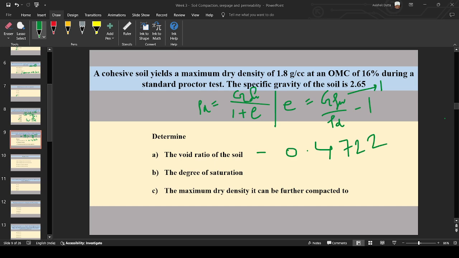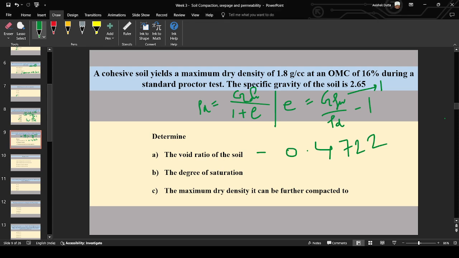It will be G rho W divided by rho D minus 1. G is 2.65, and rho W divided by rho D, where rho D is 1.8, minus 1, gives 0.4722. Please do it again and check it once.